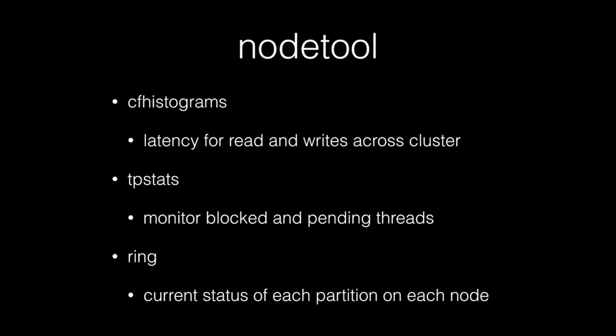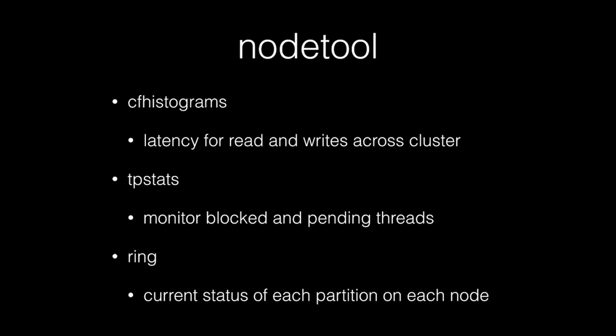But one of the more frequently mentioned and useful subcommands is cfhistograms, which shows you, through the gossip protocol, the latency for reads and writes across your entire cluster as seen from the node that you're running it on. This is the data that is used by coordinators to know the optimum node to send a read to and stuff like that. It's also really useful to monitor the health of your cluster.